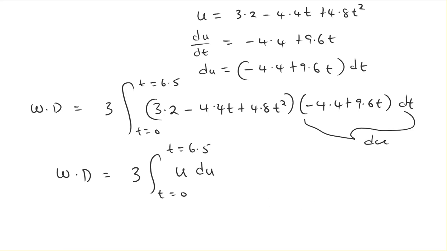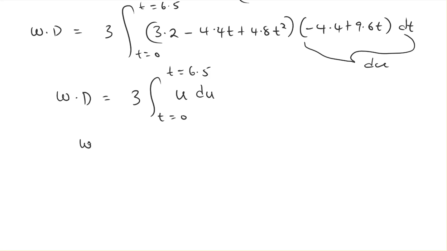I know I'm supposed to transform my integral limits to u values, but I wouldn't do that. I will just do this integration and put back the expression for u in terms of t.